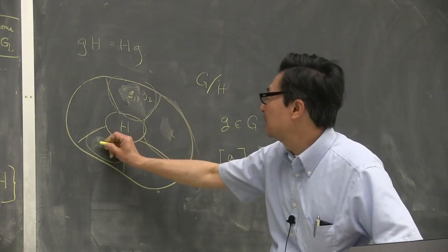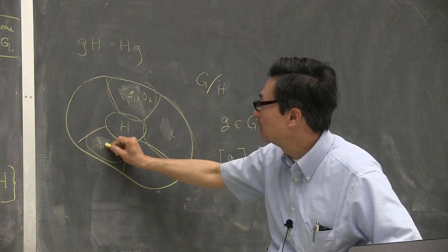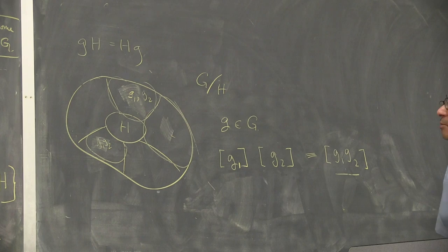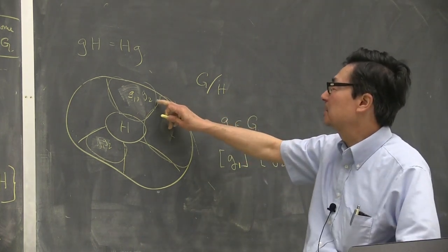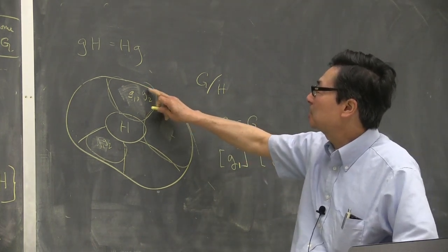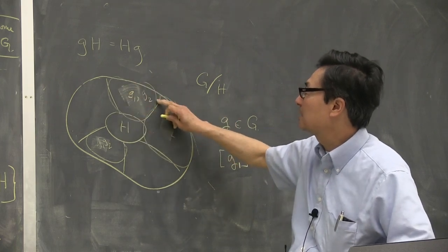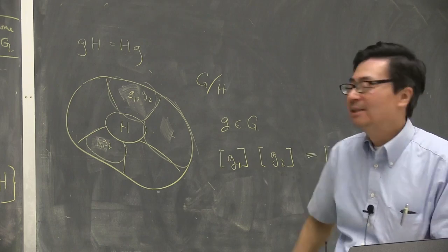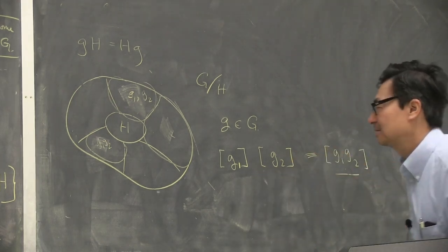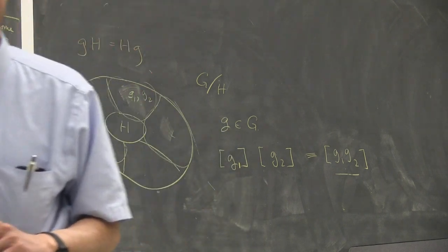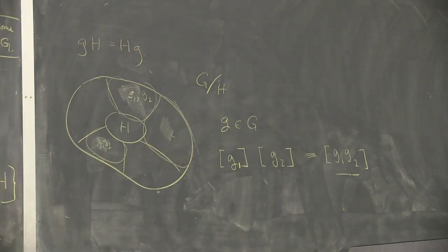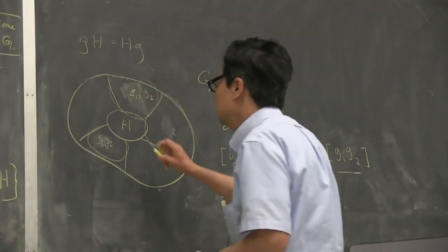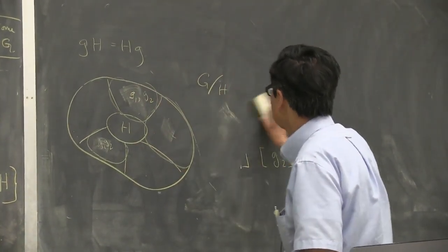Now, g1 and g2 may still sit here, okay? g1 times g2 may still sit here, okay? But here, if g1 and g2 sit inside the same coset, it just says that this coset multiplied by itself gives you this one, that's all. Okay? So whatever g1 and g2 are, this definition always works. Now let me take g1, let me take a special case.